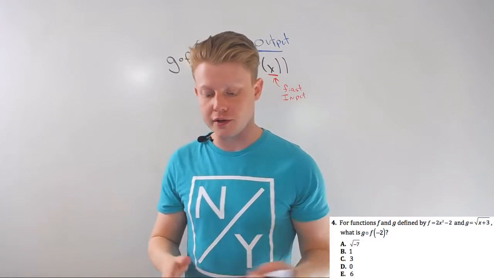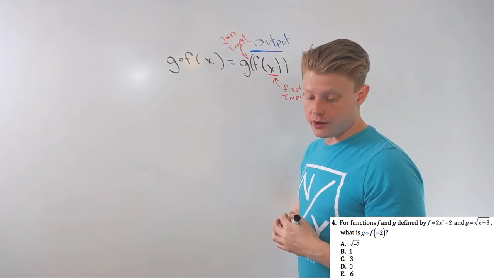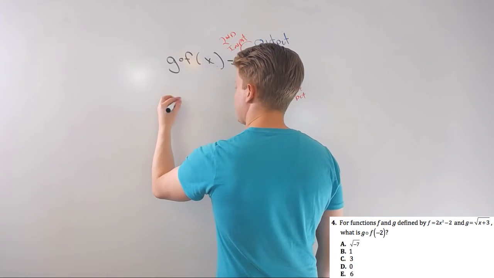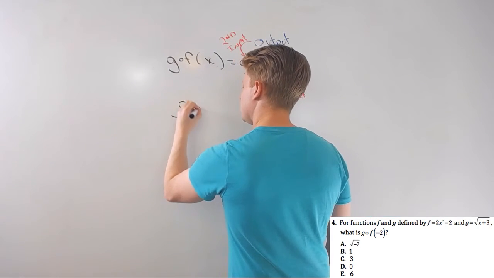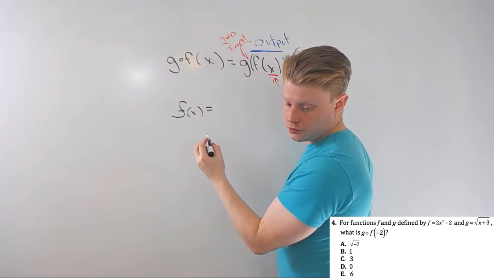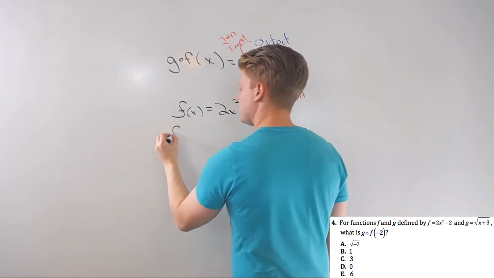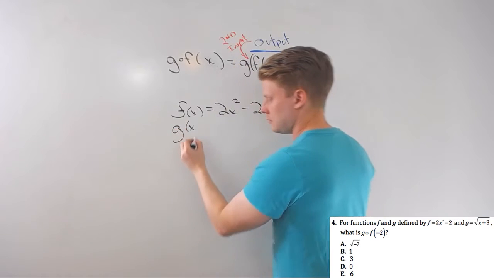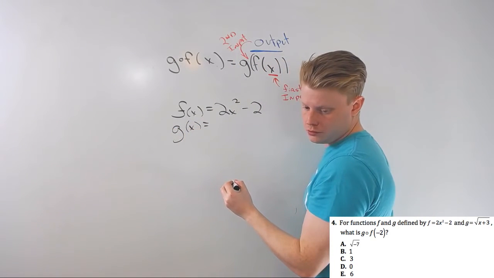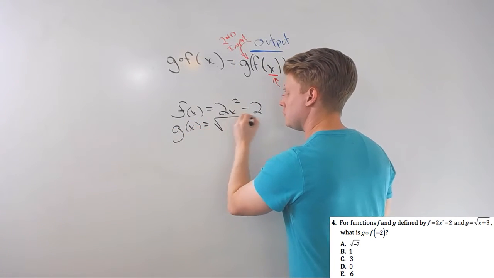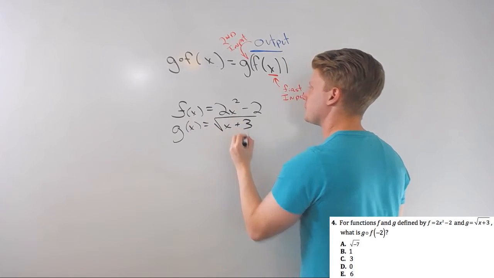All right, let's take a look at the problem. I'm going to go ahead and write this up here. So we have f of x equals 2x squared minus 2. g of x is equal to square root of x plus 3.